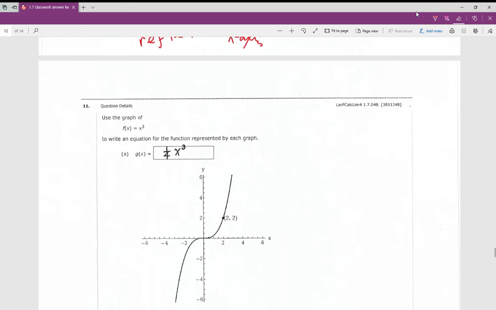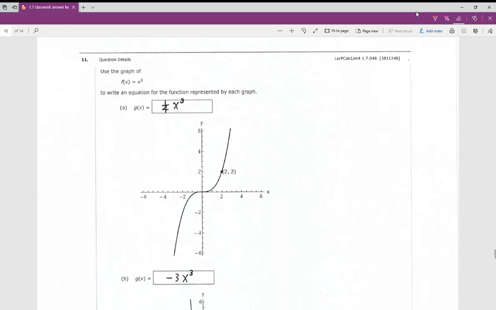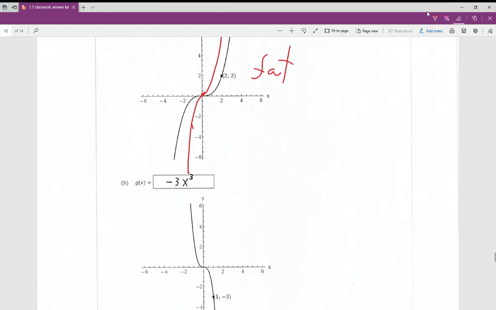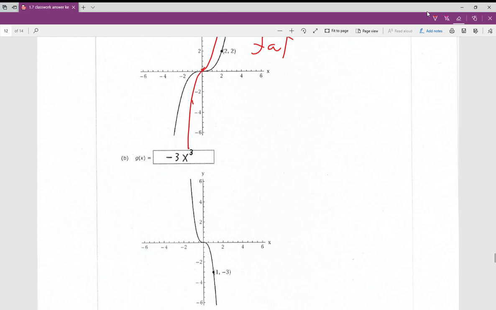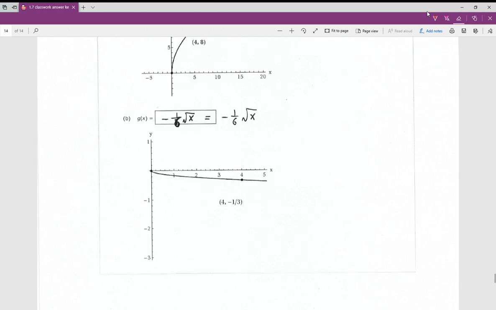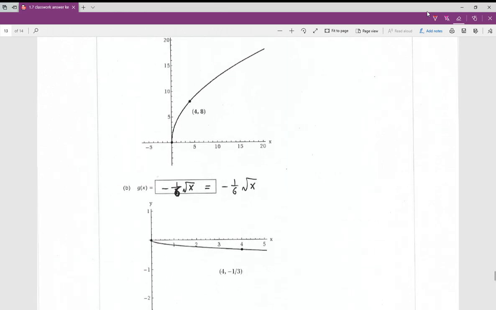Next, number 11. Parent function, the parent function is supposed to be this, and because you multiply by 1/4, it grows slower, meaning fatter. And when you have upside down, negative means upside down, and then it grows faster. So you can try this one, not too hard, if you already understand.